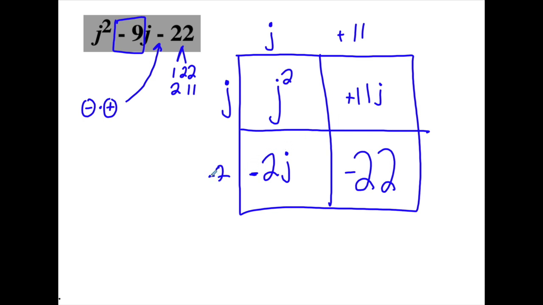And what that would have told me is, hey, wait, Mr. Murray, you just have your signs flipped. And once I flip my signs back to positive 2 and negative 11, then this becomes negative 11j, and this becomes positive 2j, and now it works.